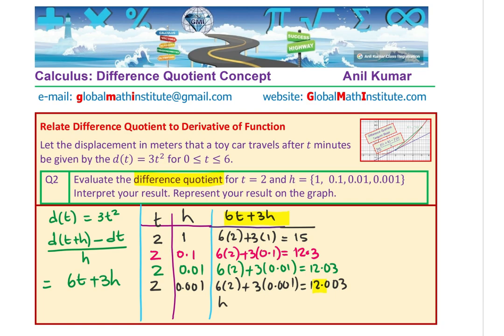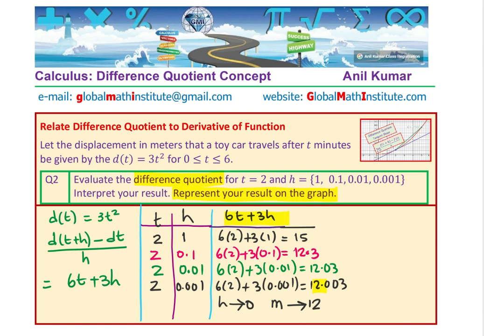So as h approaches 0, the difference quotient, which is the slope of the secant line, is approaching 12 in this case. So what is happening here is that the secant is becoming a tangent, and that becomes the slope of the tangent.